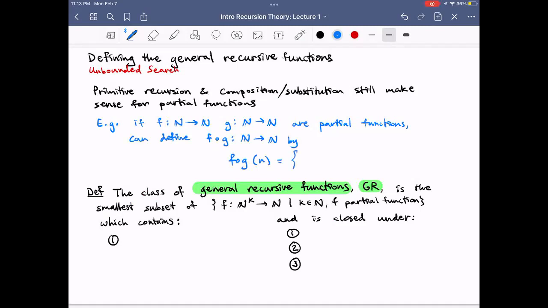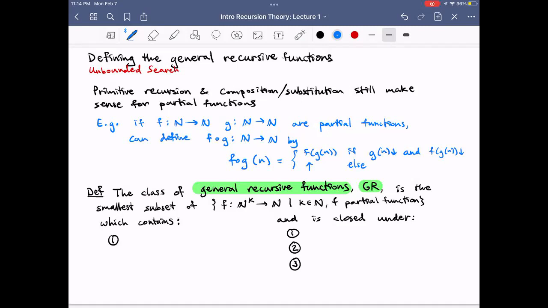It's equal to f(g(n)) if n is in the domain of g, and g(n) is in the domain of f. It just is not defined otherwise. So as long as both g(n) and f(g(n)) make sense, this acts like the composition normally does, and otherwise it's just not defined. So composition still makes sense. Primitive recursion also, you can check, still makes sense.